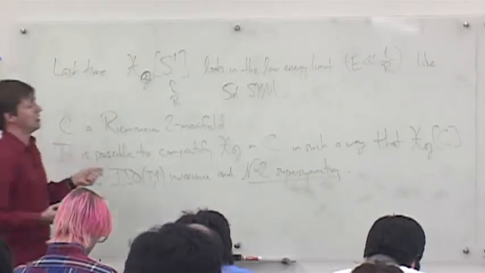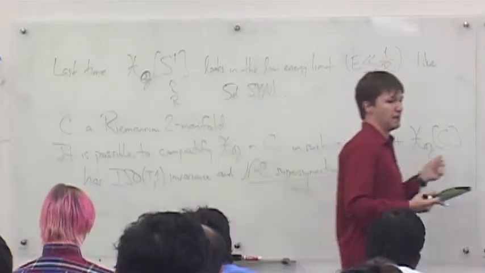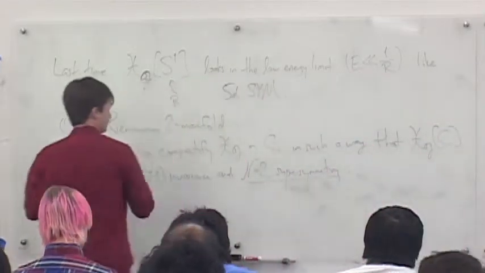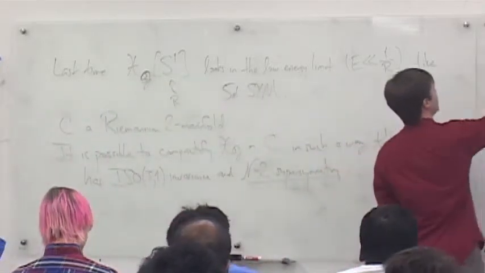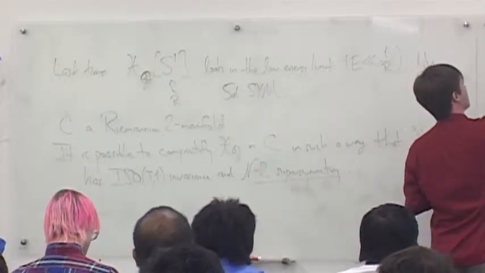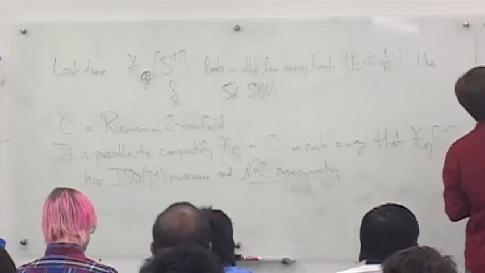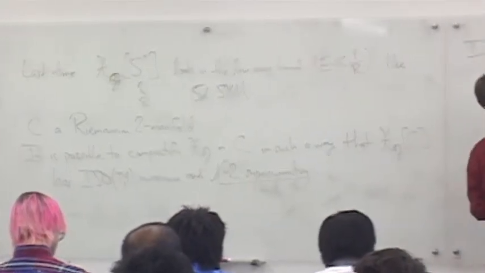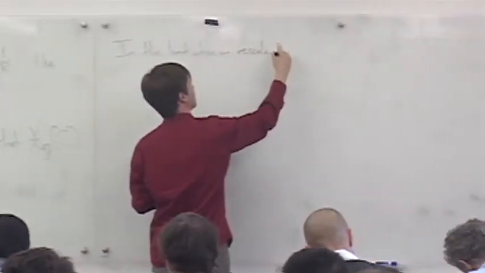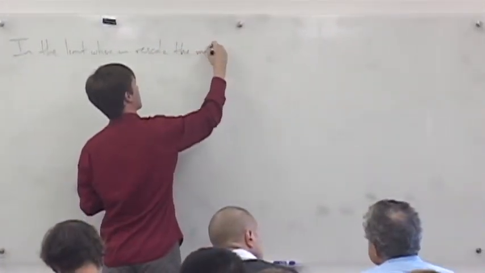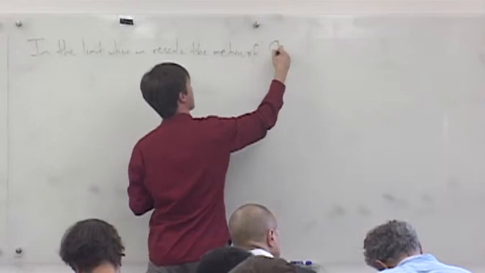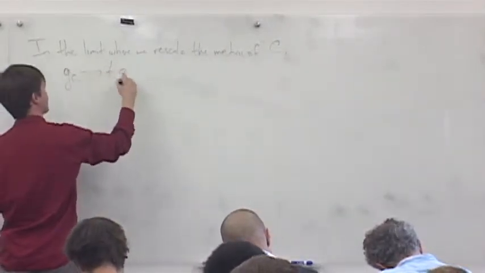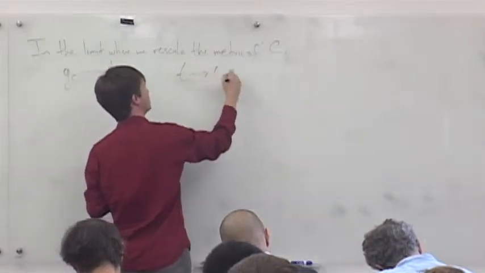But now again, we can look at a particular limit of it. In this case, the simple way to describe that limit is the limit where we rescale the metric of C to t times the metric of C, and take t to 0.